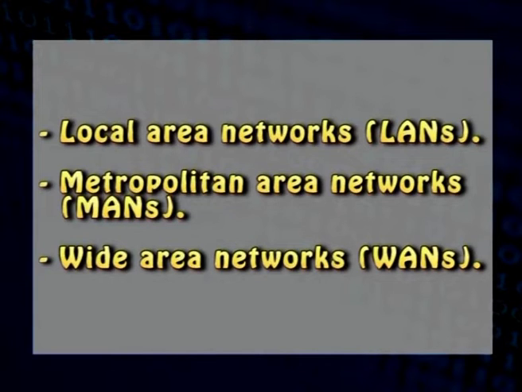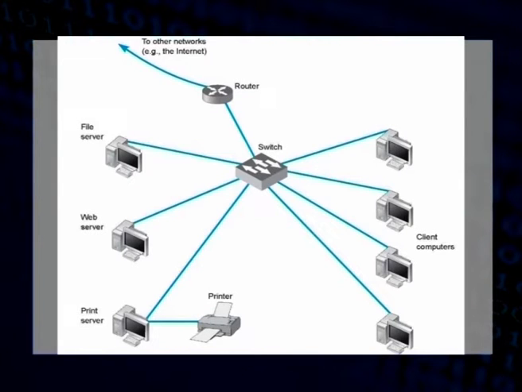Now, we will describe these three types of networks. Firstly, let's start with the local area network, also called LAN. A local area network usually links the devices in a single office, building or campus.